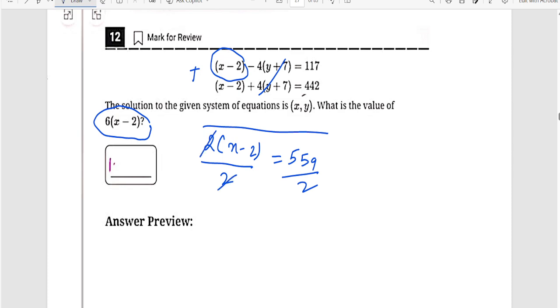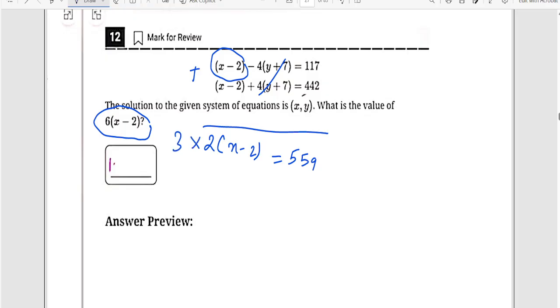So 2 cancels out. x minus 2 is equal to 559 divided by 2, or a better way, rather than dividing it by 2, I can just multiply it by 3, because 3 times 2 is 6 and I need to find this. So I multiply it by 3. This will give me 1677. That's how we are supposed to solve these kinds of questions.